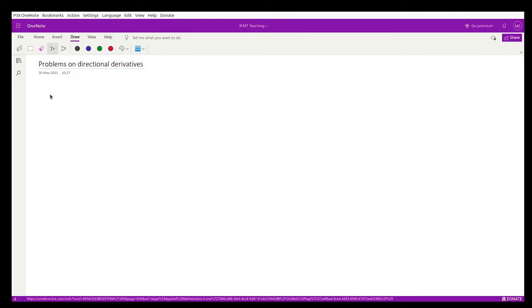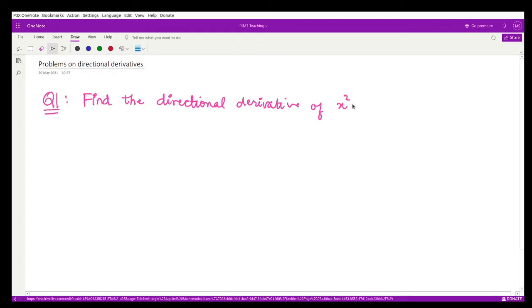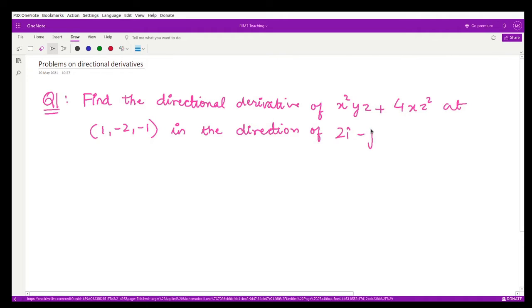So here, the first question is, we are to calculate the directional derivative of x square yz plus 4xz square at the point (1, -2, -1) in the direction of 2i cap minus j cap minus 2k cap. So this is the given question.